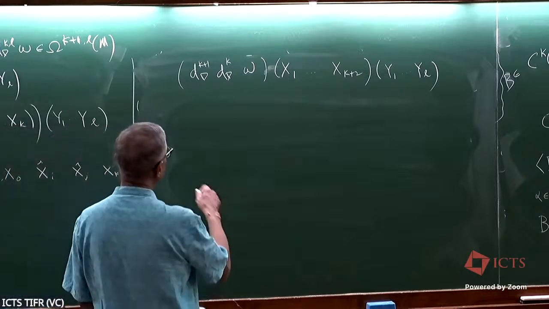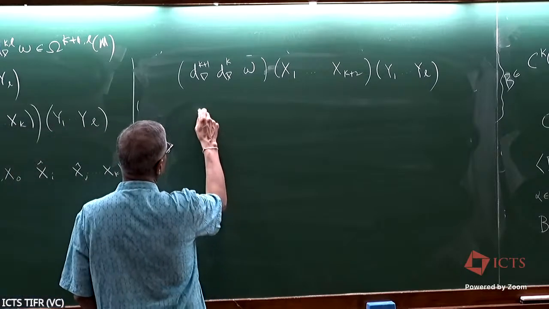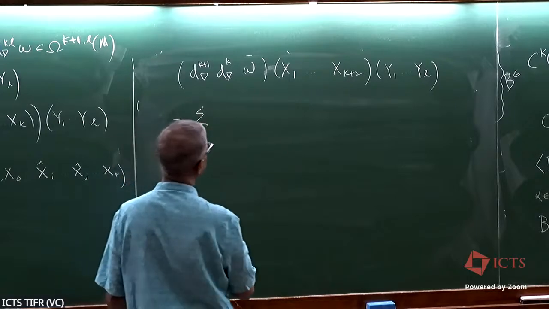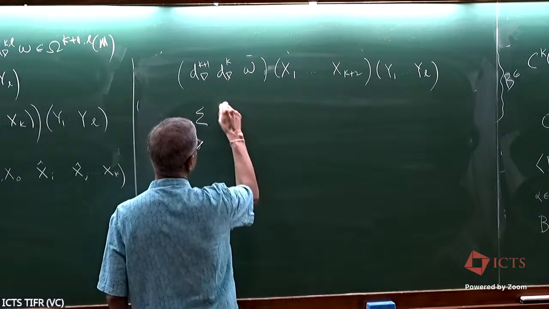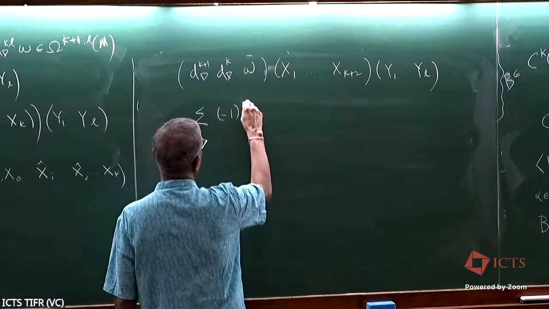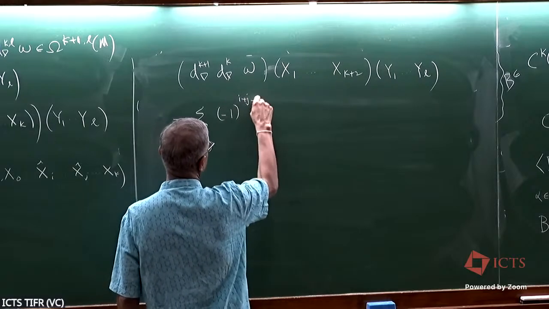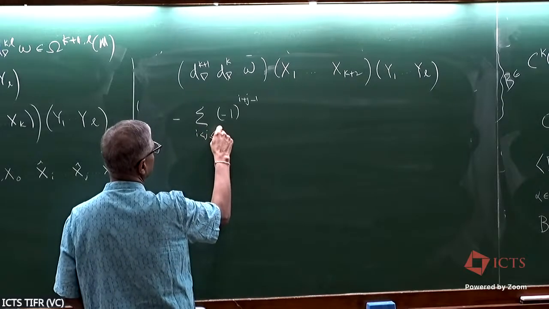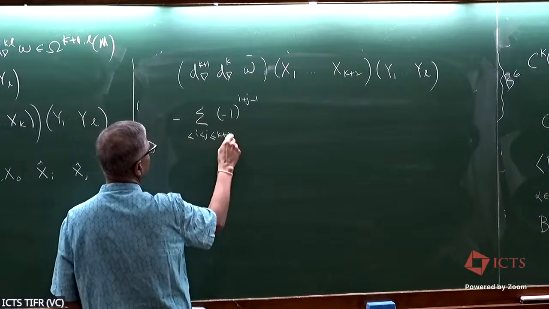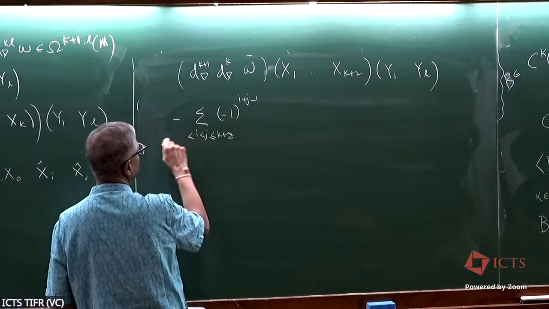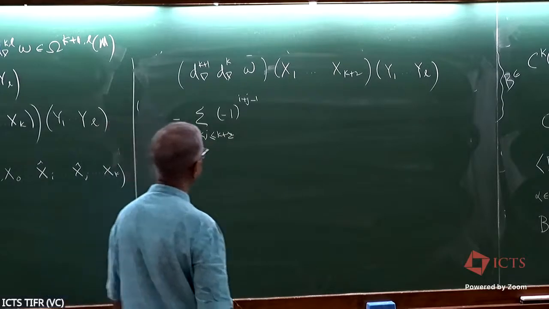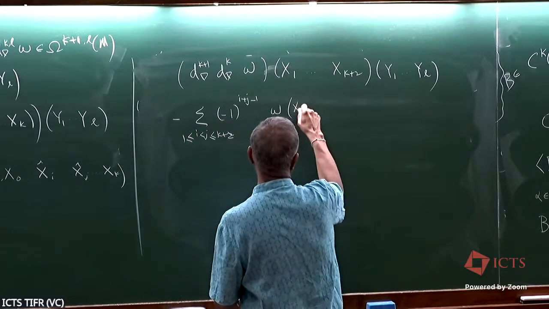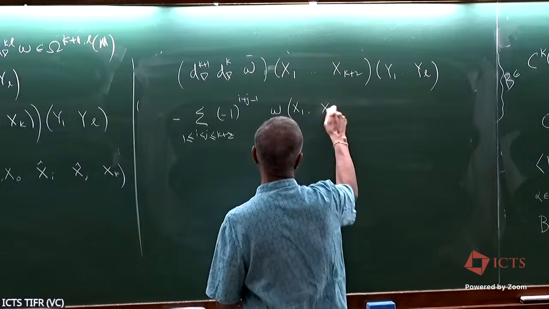The curvature will come up in a term with minus the summation of minus 1 to the I plus j minus 1, I less than j less than or equal to k plus 2, omega, where these two will be missing.